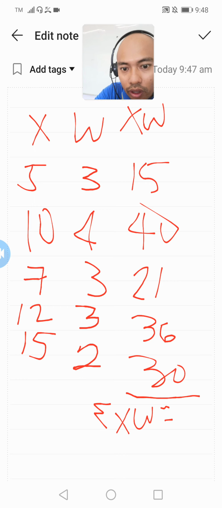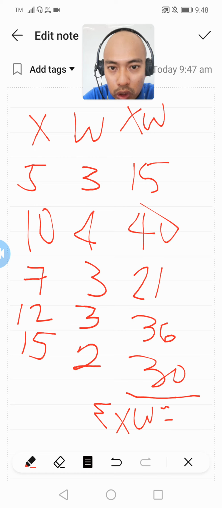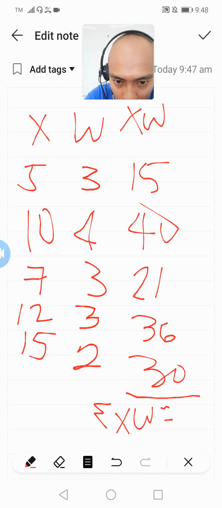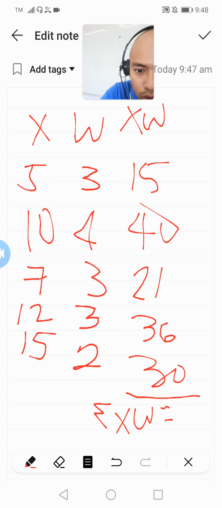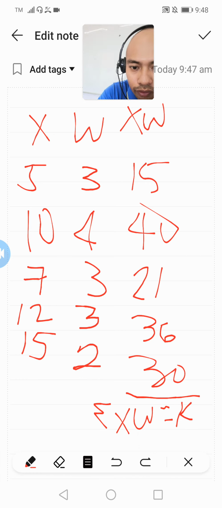So let's start from the upper portion. 15 plus 40 is 55. 55 plus 21 is 76. 76 plus 36 is 112. 112 plus 30 is 142. So we have the summation of XW as 142. Okay? I hope you can understand, people.